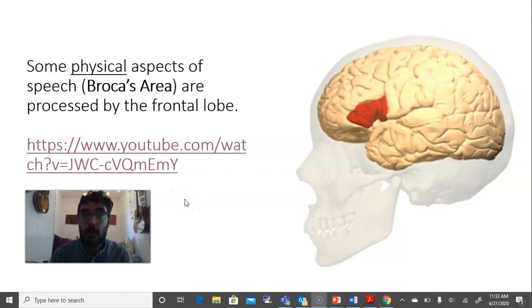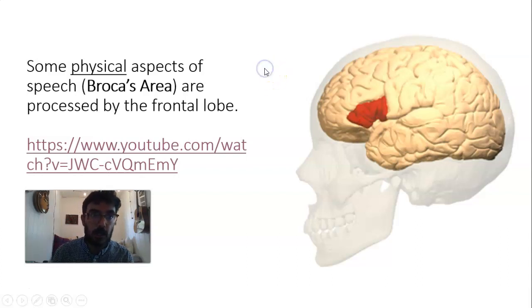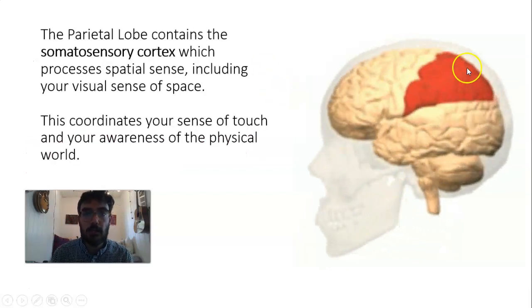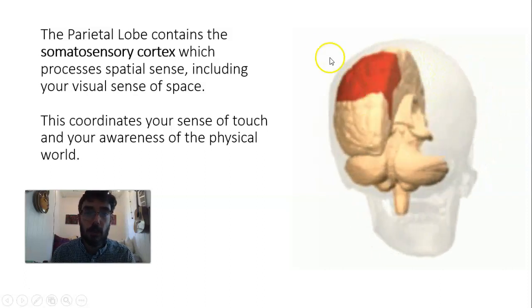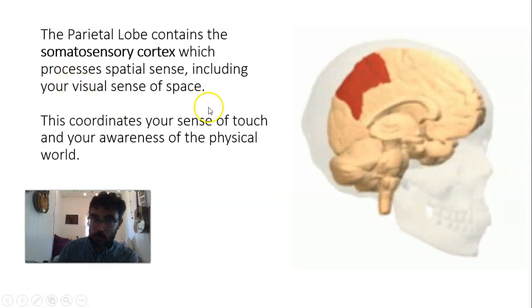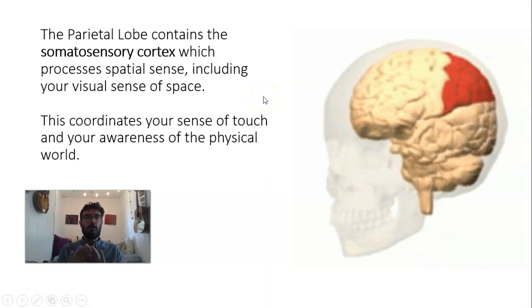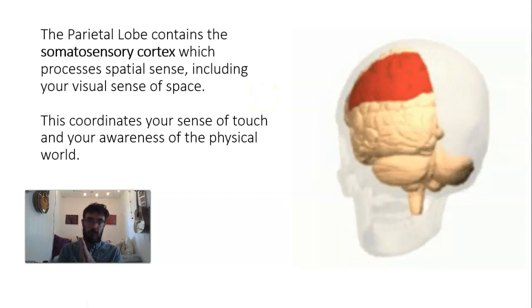Yeah, it's very difficult to watch, but that's an example of what's called Broca's aphasia, where the ability to speak is lost because of damage due to a stroke to the Broca's area. Moving on, we have the next lobe called the parietal lobe, which contains the somatosensory cortex. This is involved in your spatial sense, including your visual sense of space.